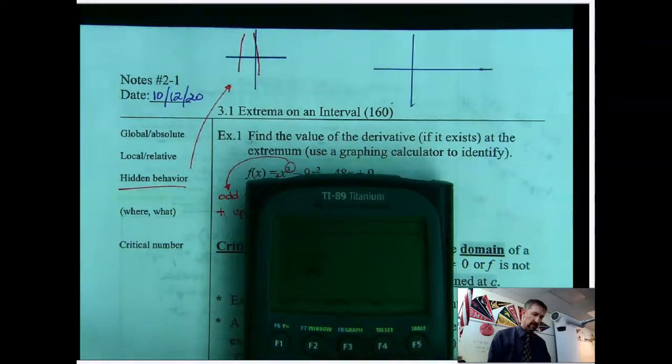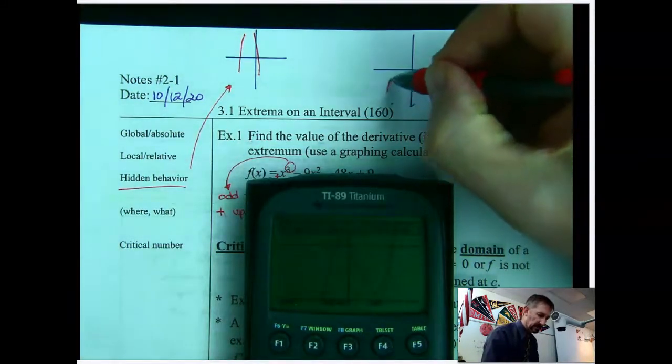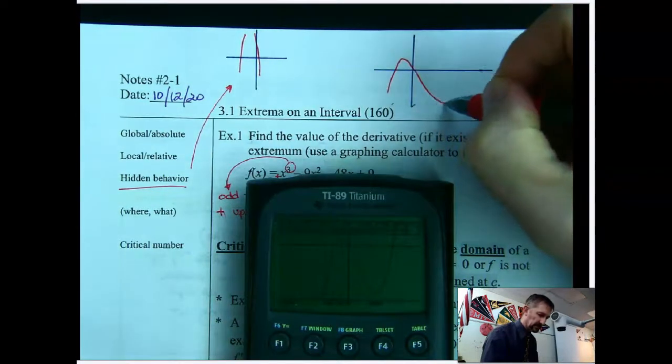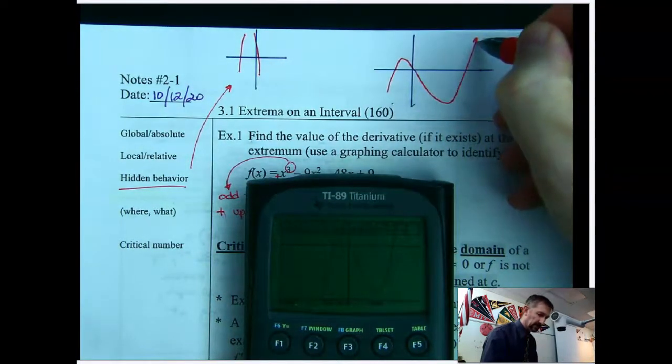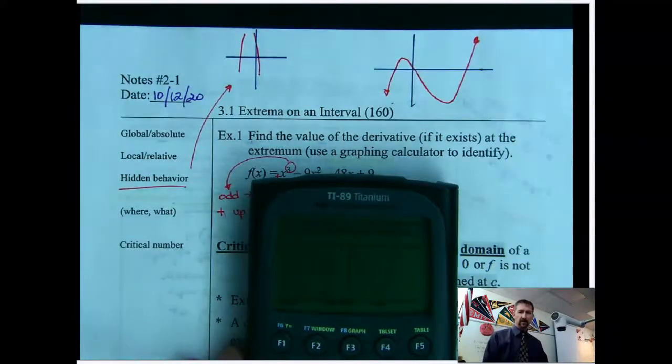That's a little awkward, but now we have a nice view of that. It's kind of going like this, and like this, and like that. So we fought through that hidden behavior to get a better picture of what it looks like.